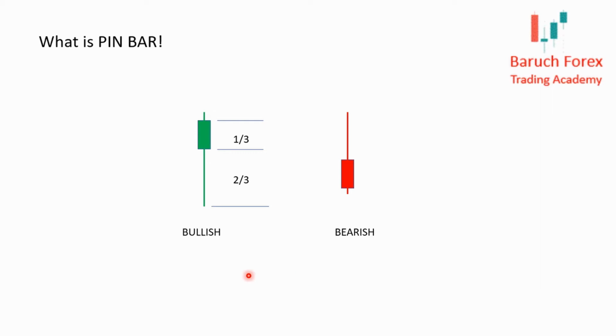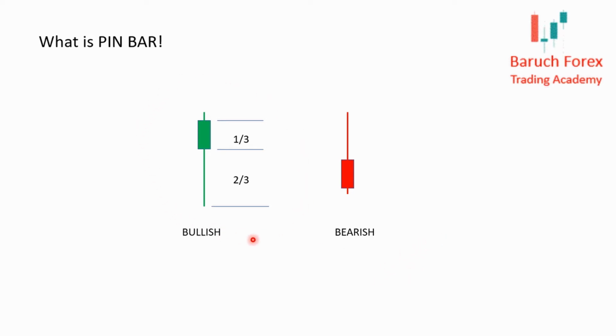So I suggest you browse through the internet, pull some material on candlesticks and study, because I won't be able to explain candlestick analysis here. For this purpose, just remember this is how the bullish pin bar looks, and this is how the bearish pin bar looks. But there is a condition.